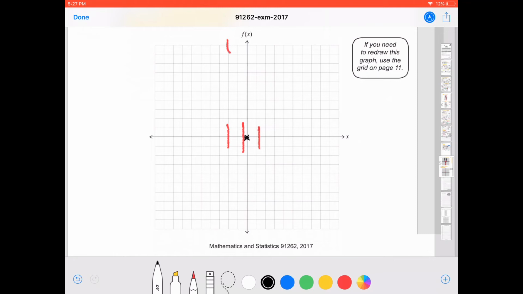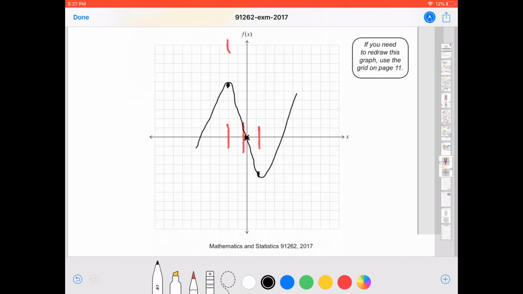Positive cubic, so turning points, let's just say here, has to pass through the origin (0, 0), and a turning point there. So let's just sketch this. We've got, again, positive cubic, it's going to look like that. Turn, come through (0, 0), the origin, and turn again, and goes back up.